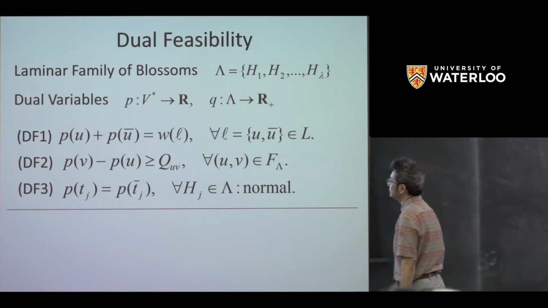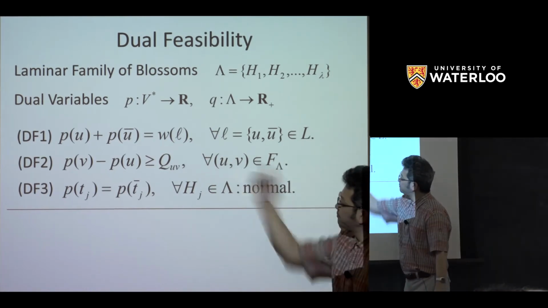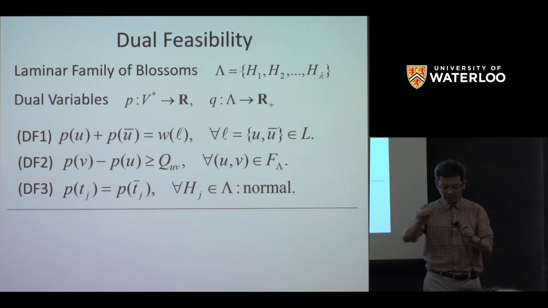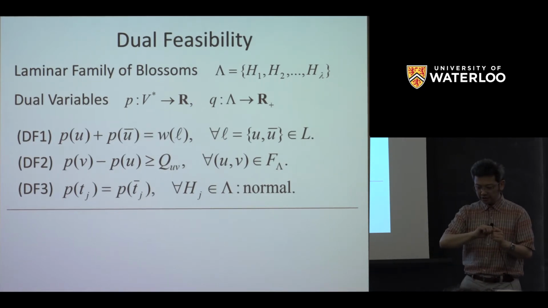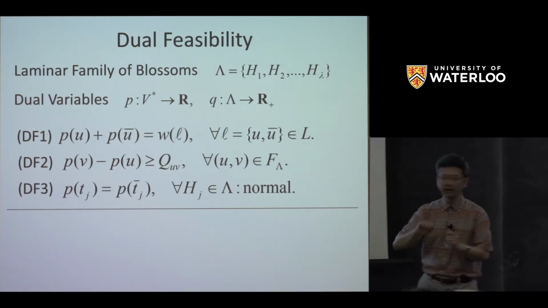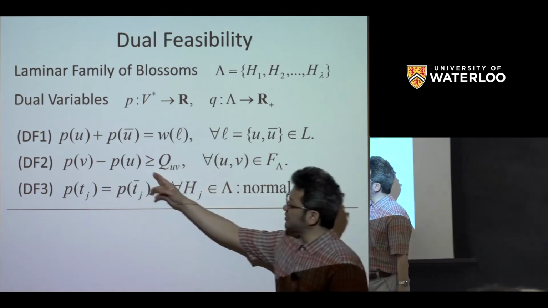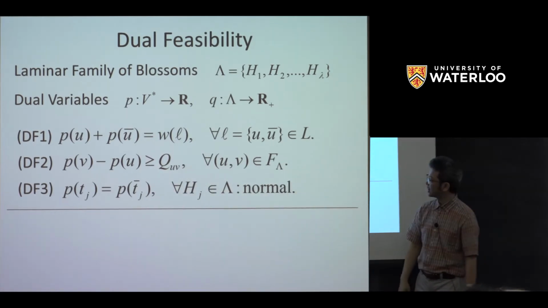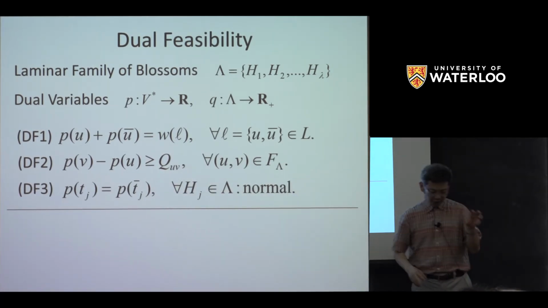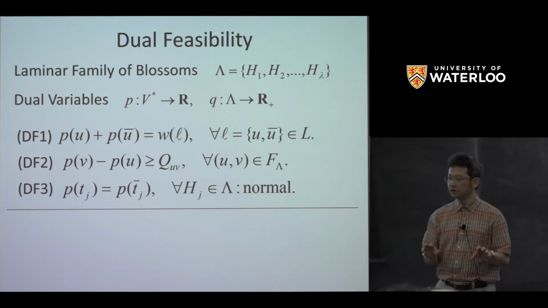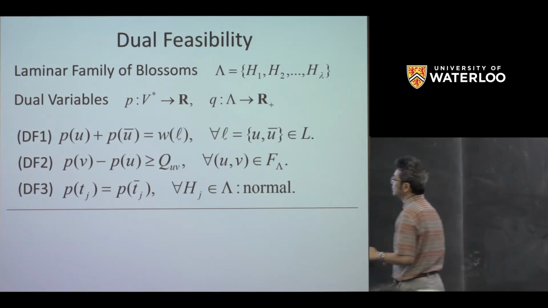Now, for any pair that appears in the auxiliary graph, we must satisfy this inequality. And at the end, the potential for the tip and the tip mate must be equal.